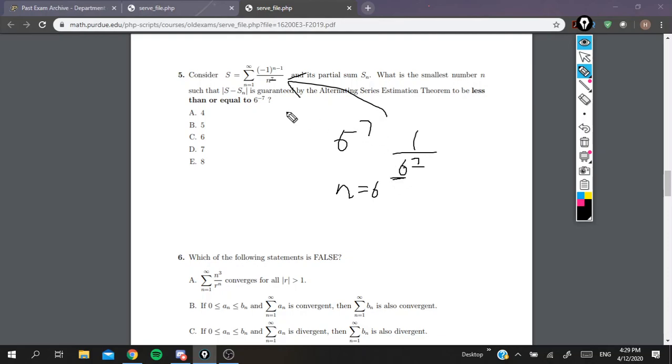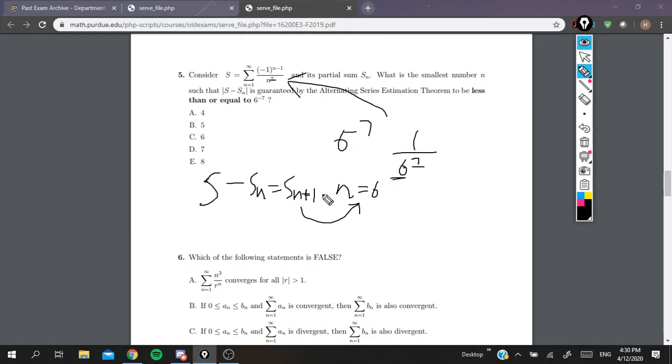as it's the n here will be 6, and the smallest number of n such that the error is guaranteed is one less than this, since the alternating series estimation theorem tells you that the sum is actually just this minus plus 1, and we know that the error is this much.